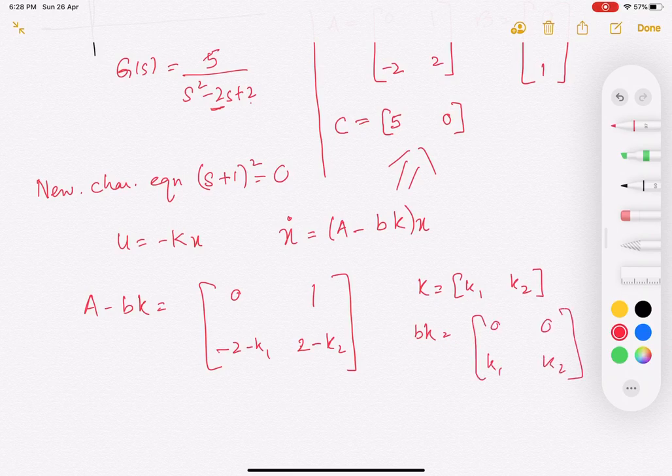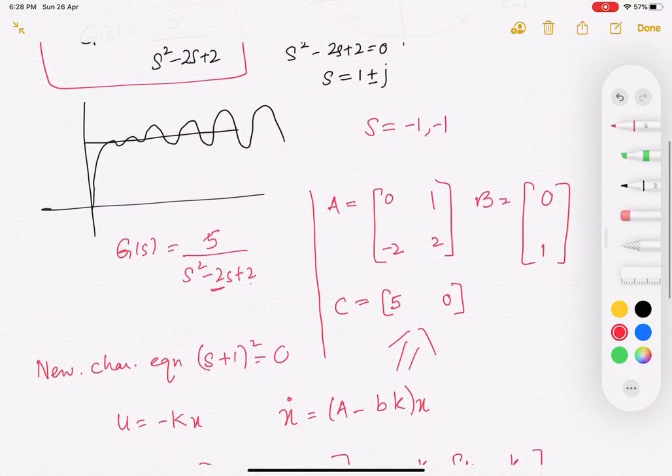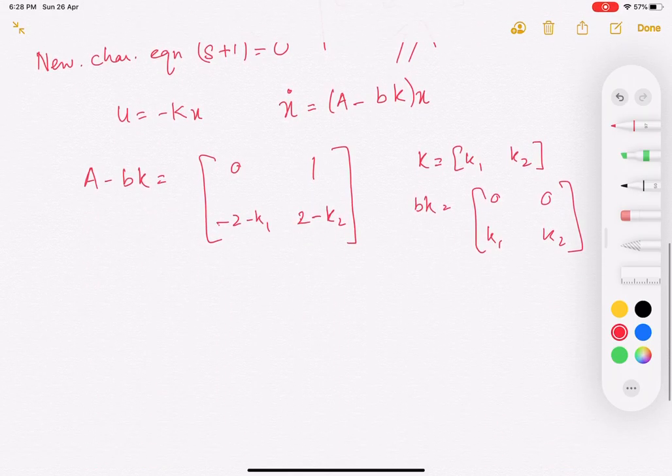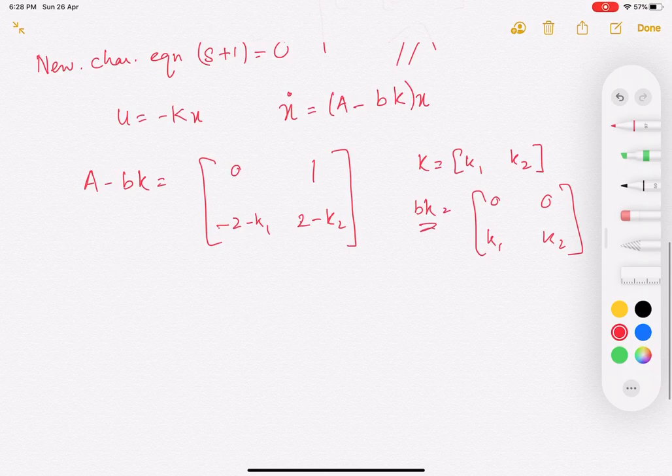So what you're doing when you're doing A minus BK is just subtracting BK from this A. So you have this.